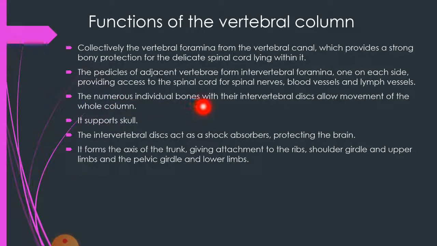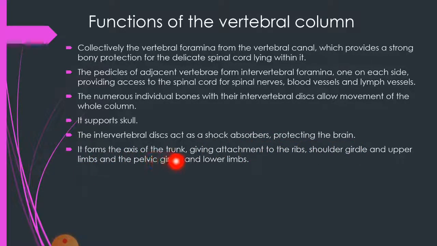The numerous individual bones with their intervertebral discs allow movement of the whole column. The intervertebral discs, because these are fibrocartilaginous in nature, also allow flexibility to your vertebral column. It supports the skull. The intervertebral discs act as shock absorbers, protecting the brain.